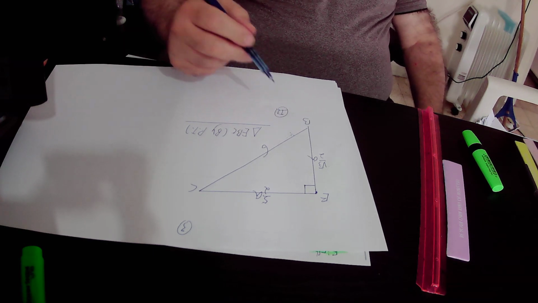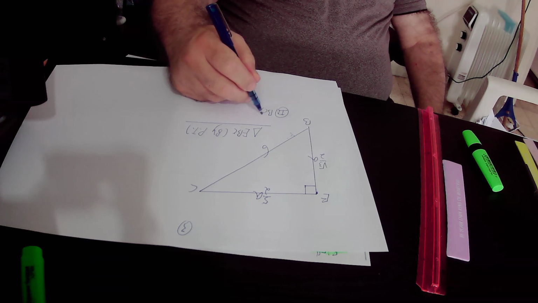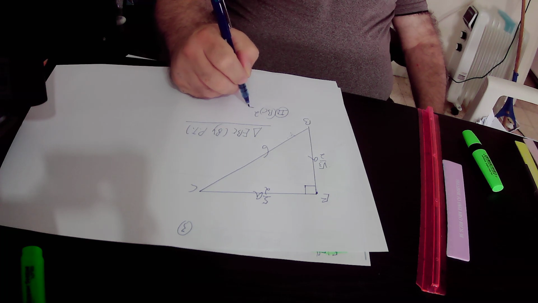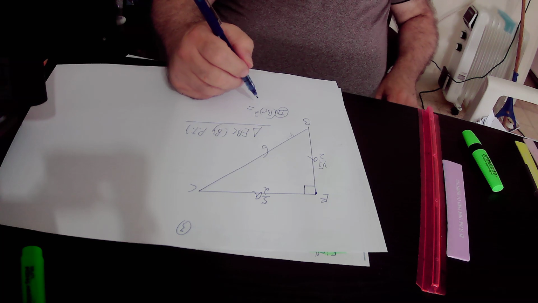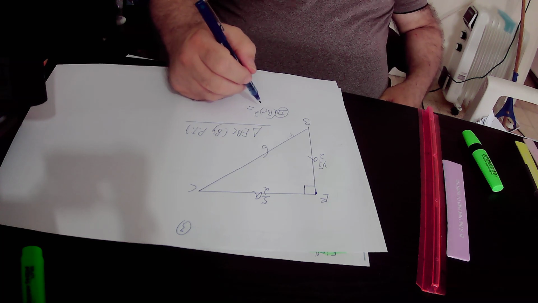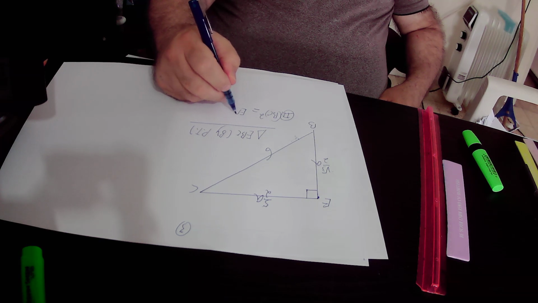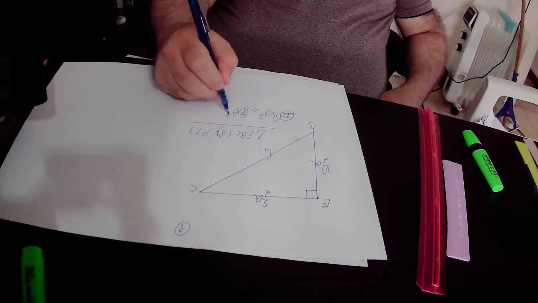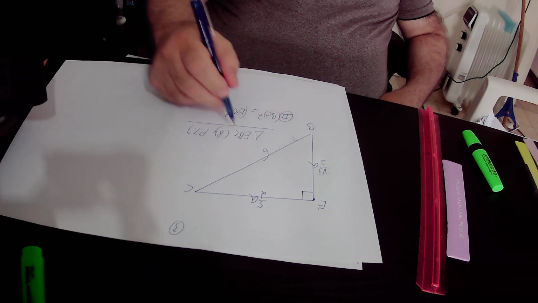The hypotenuse is BC, therefore the square of the hypotenuse is BC squared, and it is equal to the sum of the squares of the perpendiculars, that is EB squared plus EC squared.